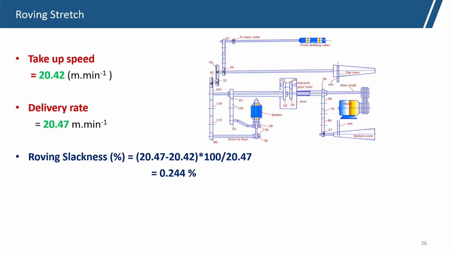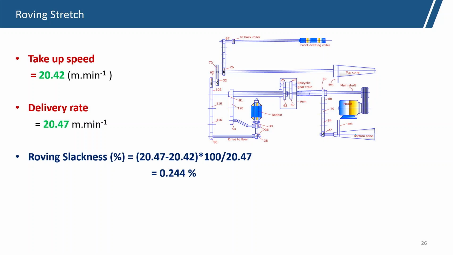So, the roving slackness becomes 0.244%, which is typically close to the contraction percent. We can now calculate the bobbin speed at any position of the cone belt.